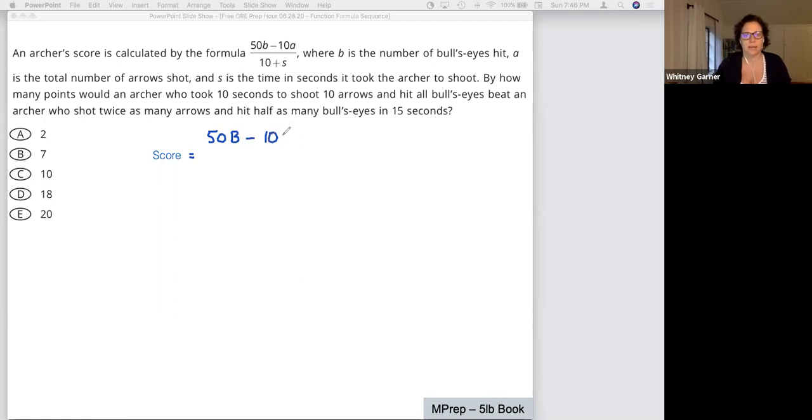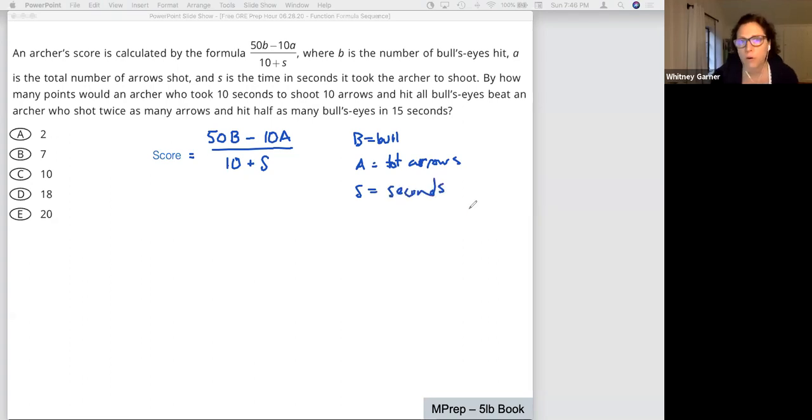Where B is bullseyes, so B equals bullseyes, and I might jot this on my paper. A is total arrows. And S is seconds.